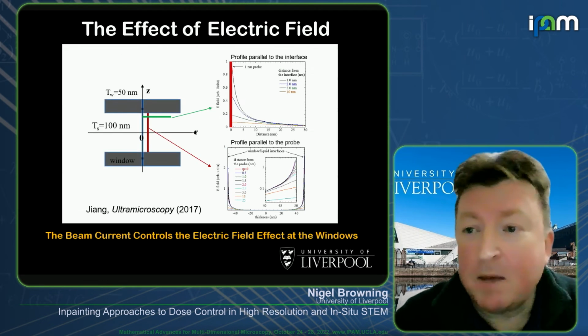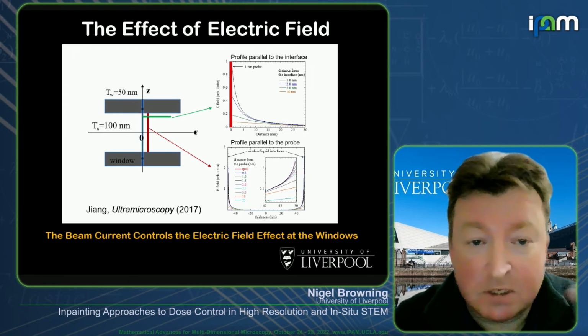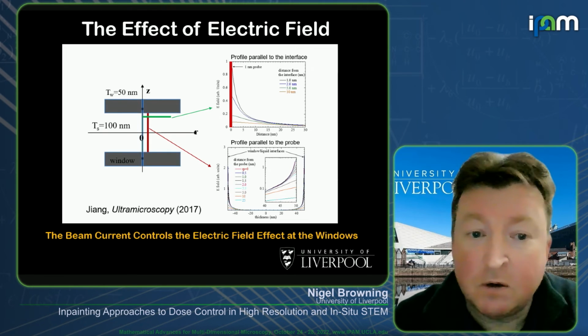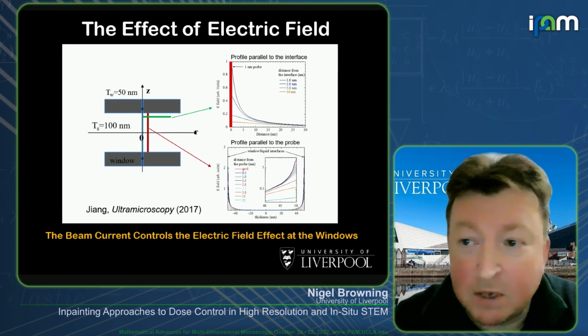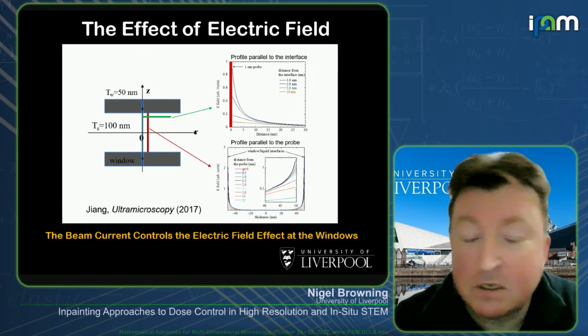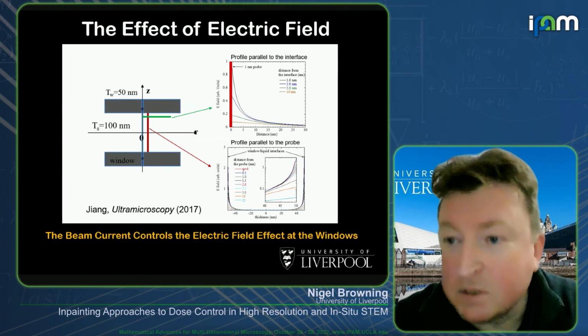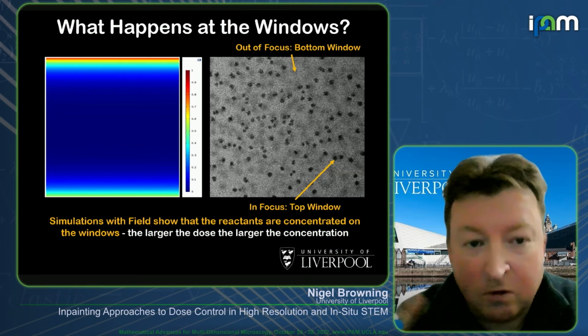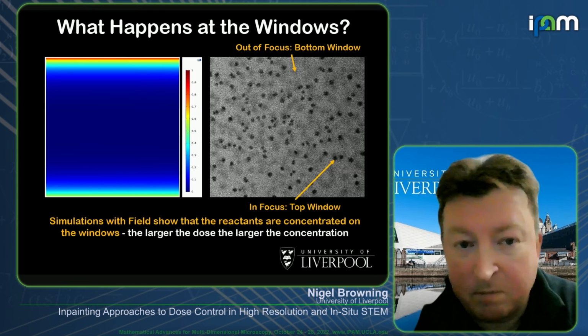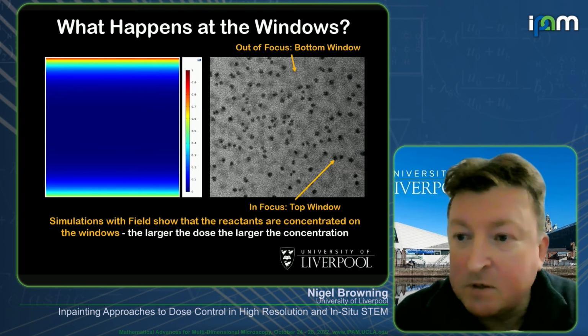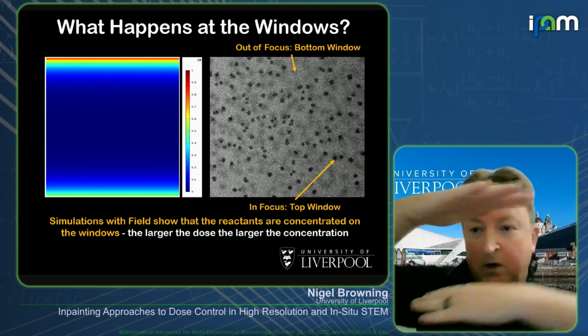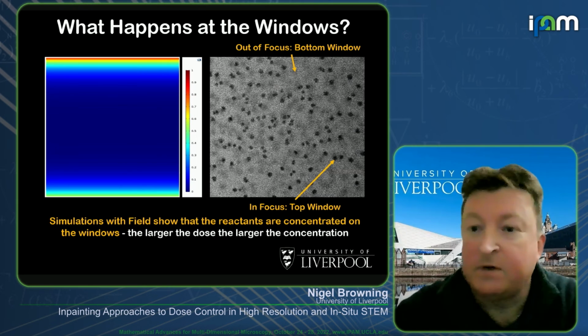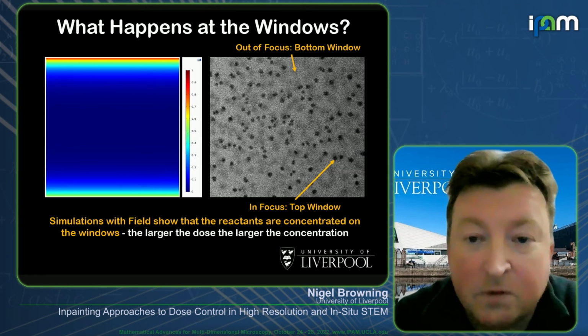Now, the reason why that happens is because when you have one of these liquid cells where you have an insulating window and then your water with the nanoparticles in there is somewhat conducting, not perfectly conducting, but more than silicon nitride is, then you get a buildup of secondary electrons. Those secondary electrons are basically giving you an enrichment on the surfaces. So all the nanoparticles are growing on the top of the bottom surface when you have a high dose.